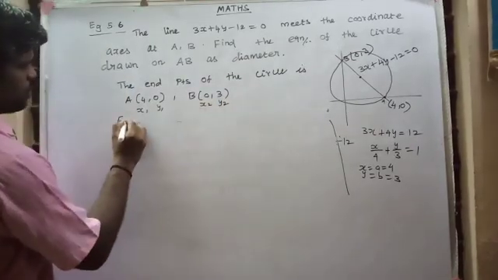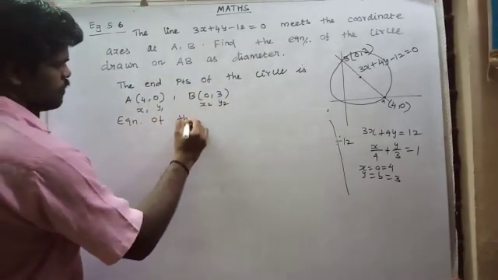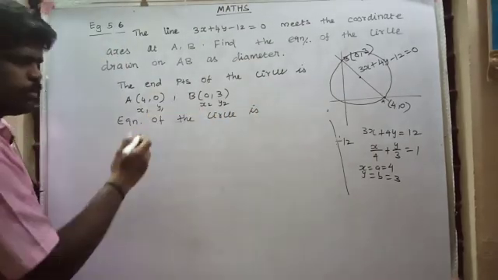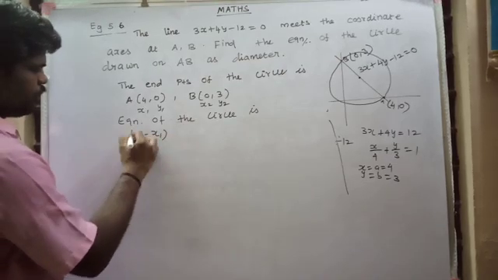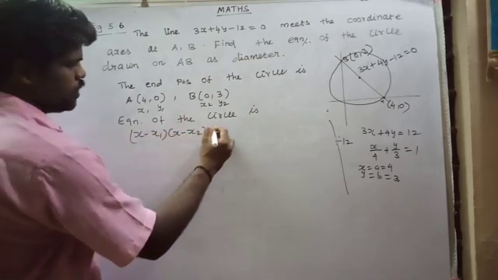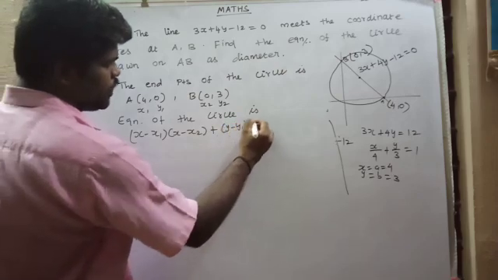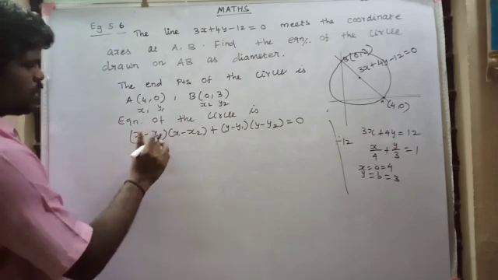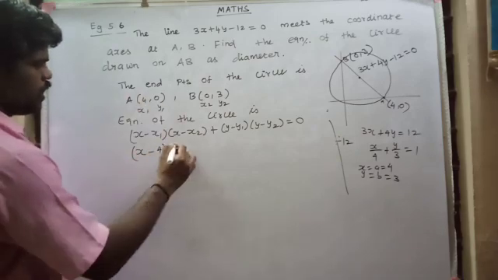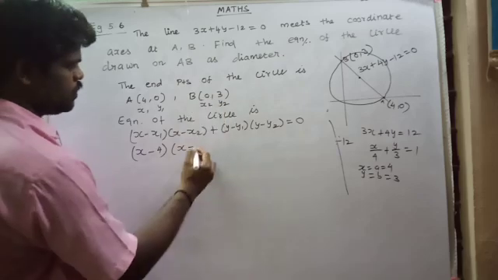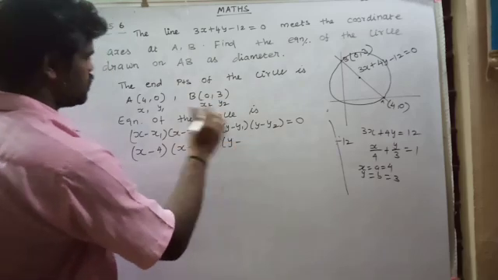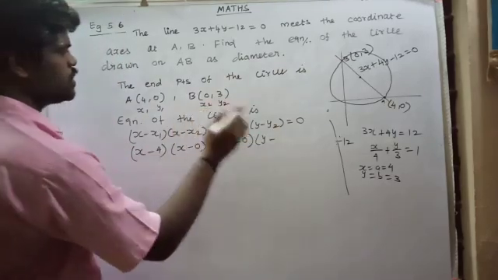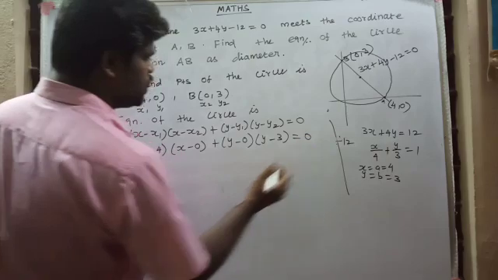And the equation of the circle, we have a formula for two extremities: x minus x1 into x minus x2 plus y minus y1 into y minus y2 equal to 0. Here x minus 4 and x minus 0, plus y minus 0 and y minus 3, equal to 0.